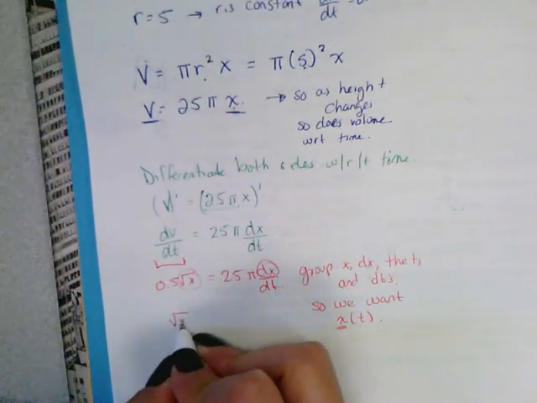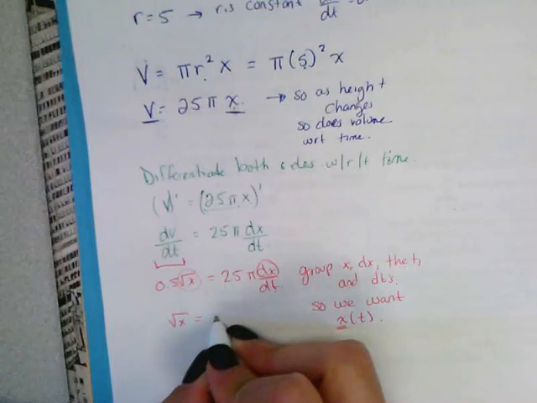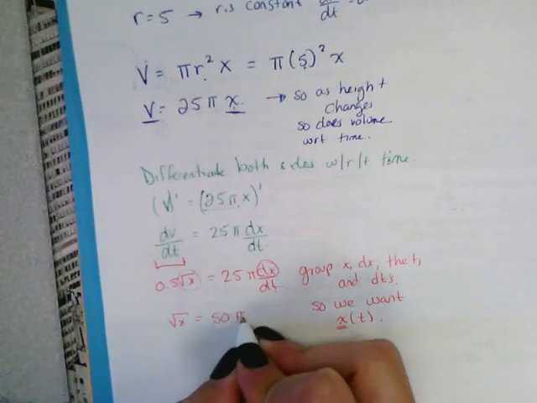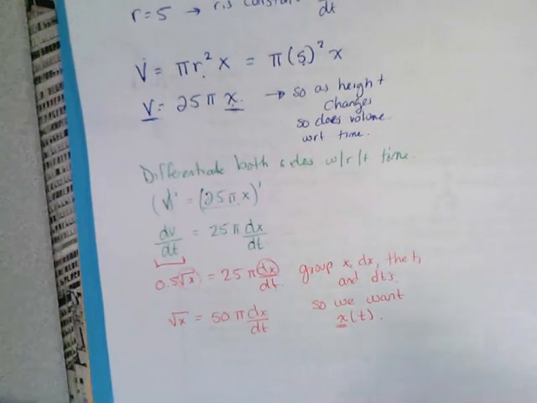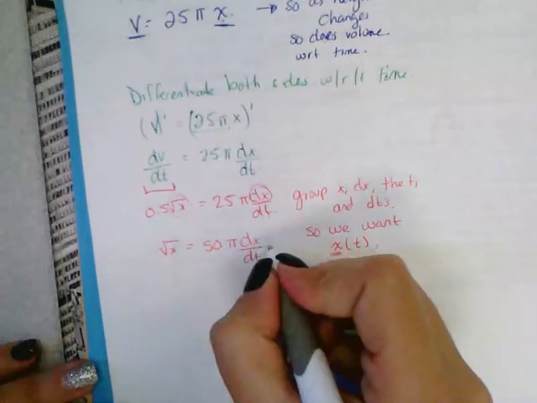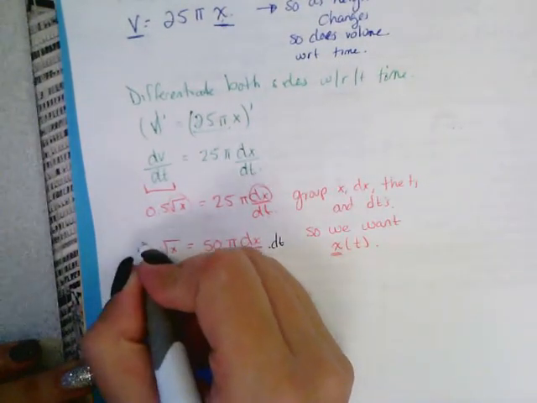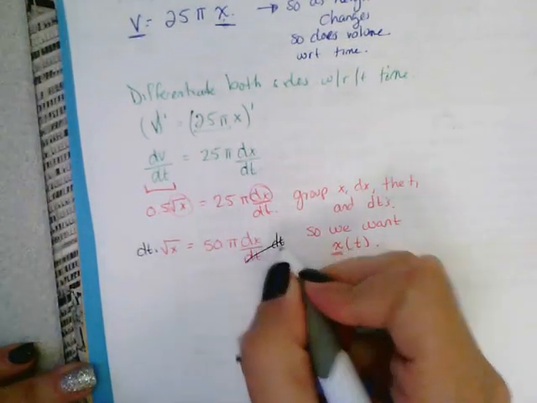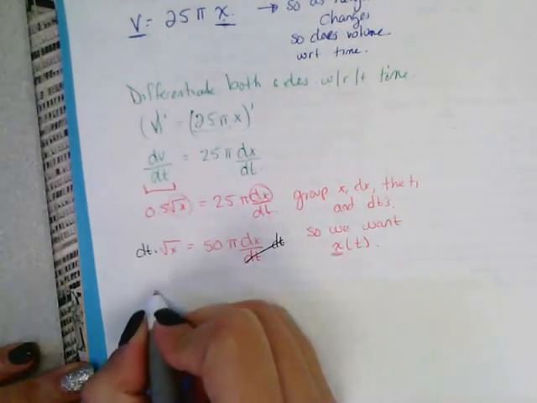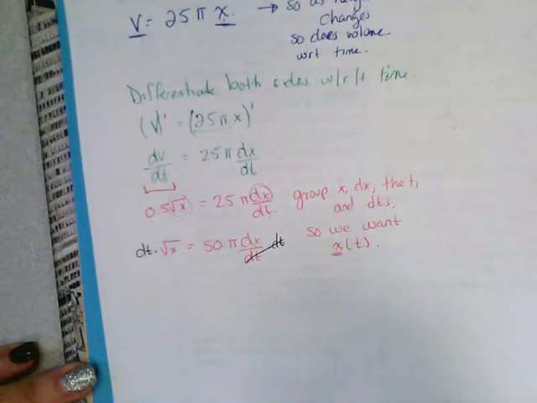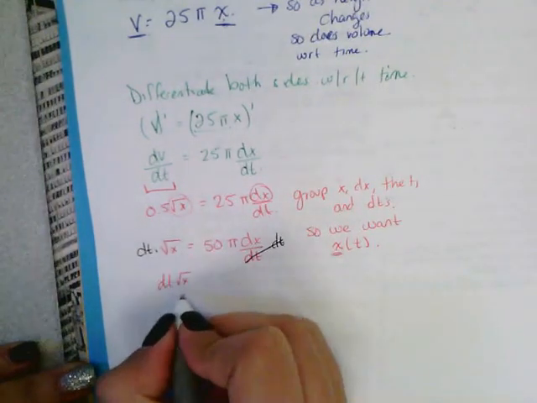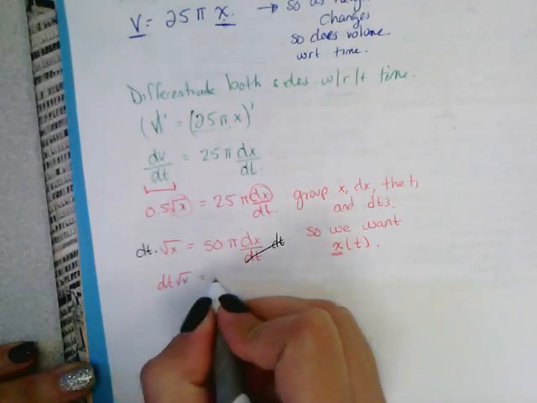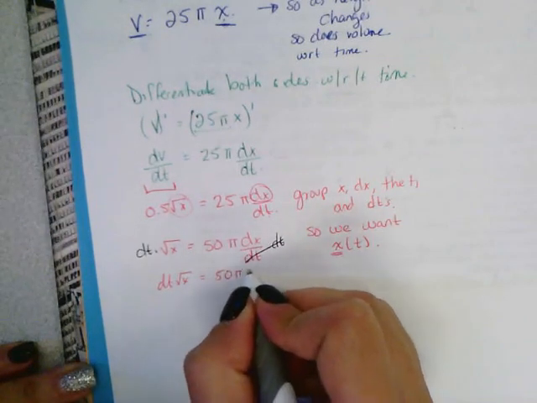So this becomes square root of x equals 25 divided by 0.5, which is just 50 pi dx/dt. If I multiply both sides by dt, and you'll see why in a second, that cancels out and we end up with dt square root of x equals 50 pi dx.